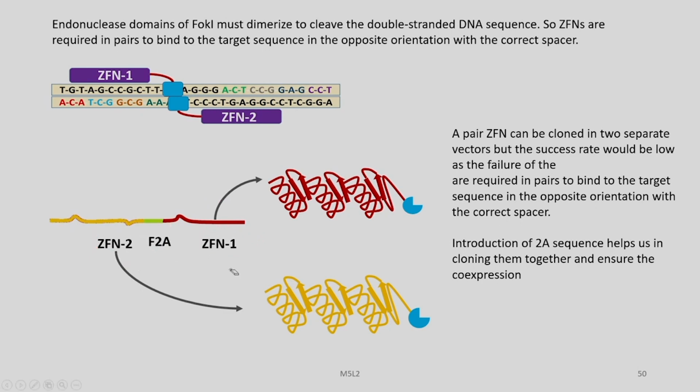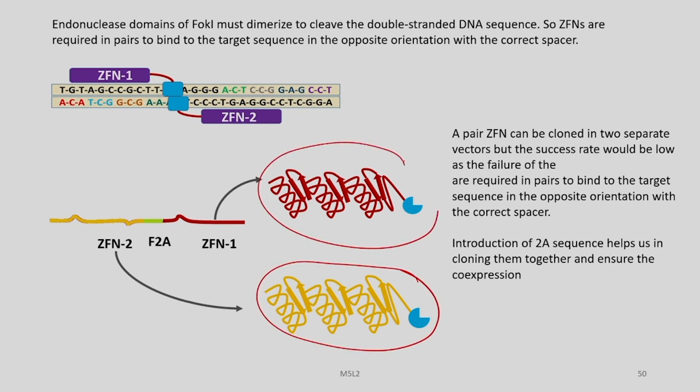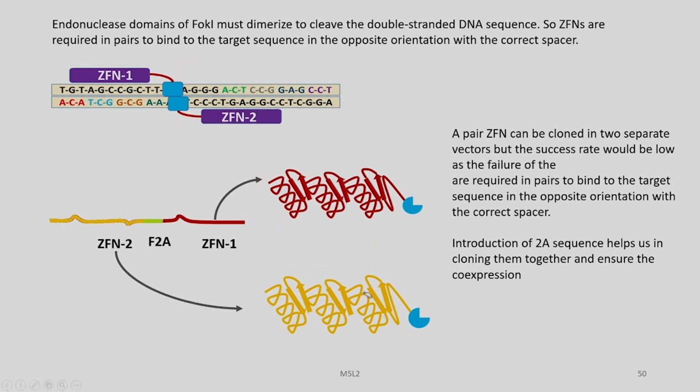So, this will ensure that both the ZFNs are delivered inside a single cell, and they produce both the nucleases which will bind to the specific targets, and after dimerization they will form the double strand breaks and allow the desired mutagenesis to occur.